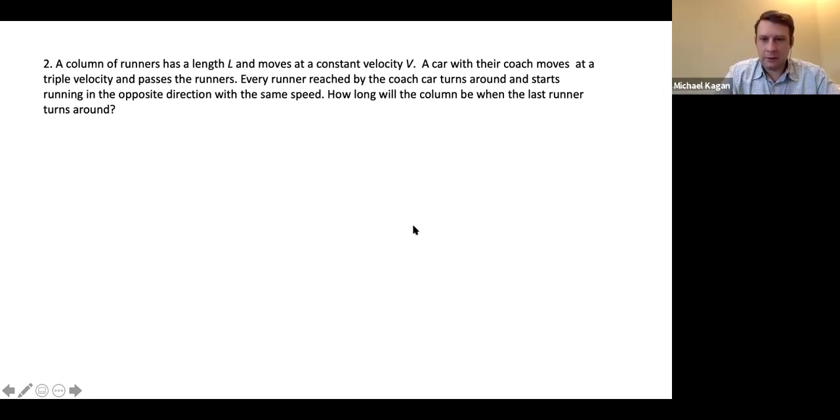Okay, I see some first answers. Thanks, Leon. Thanks, Vincent. So just to be clear, the coach drives in the same direction as the column. So he's passing them from behind.